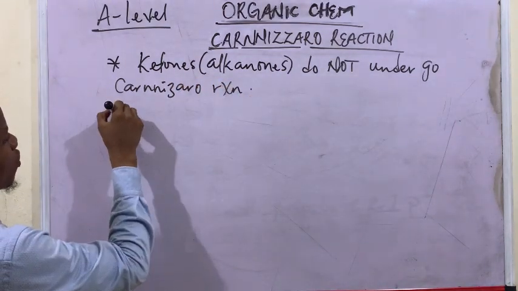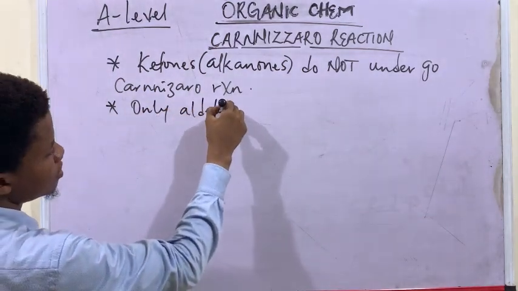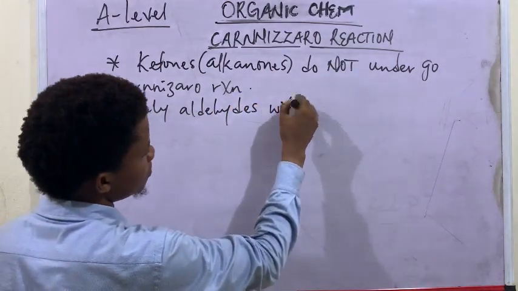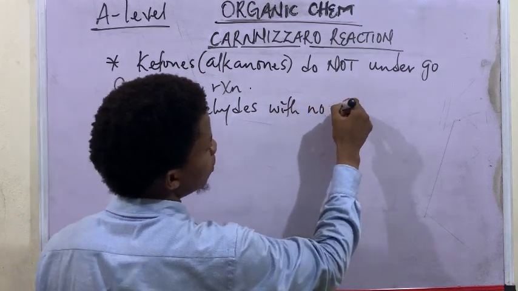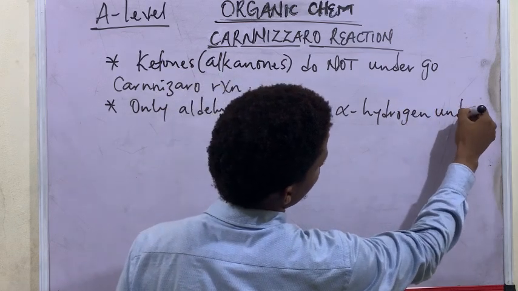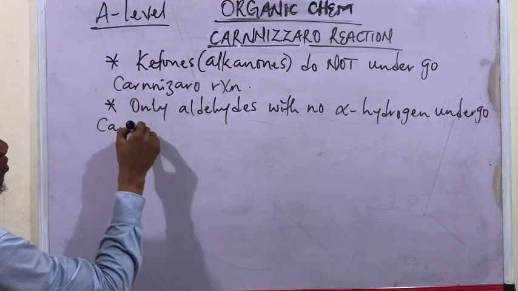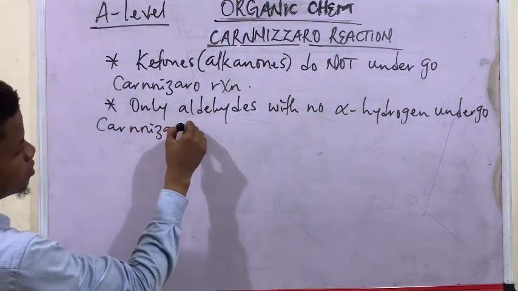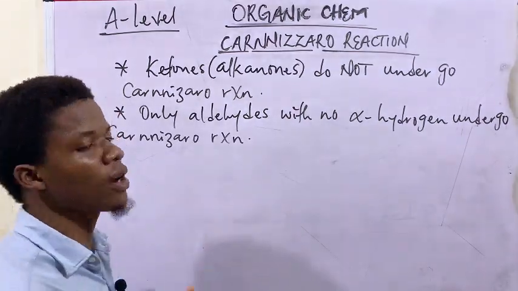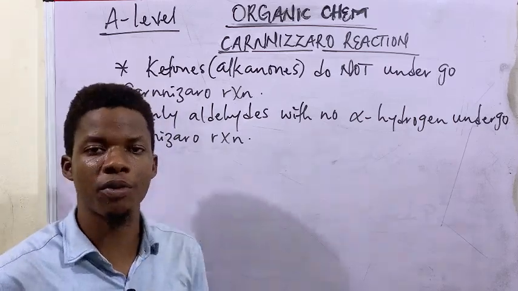Point 2: only aldehydes with no alpha hydrogen undergo Cannizzaro reaction. Do take note that Cannizzaro reaction is only for aldehydes. Ketones do not undergo Cannizzaro reaction.